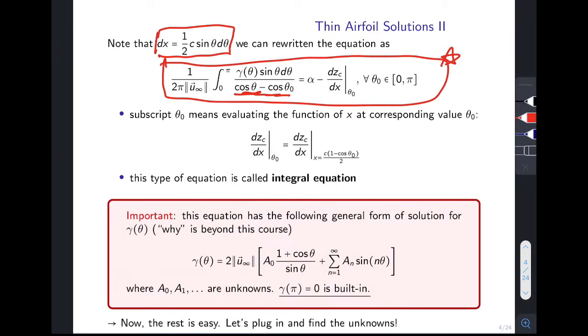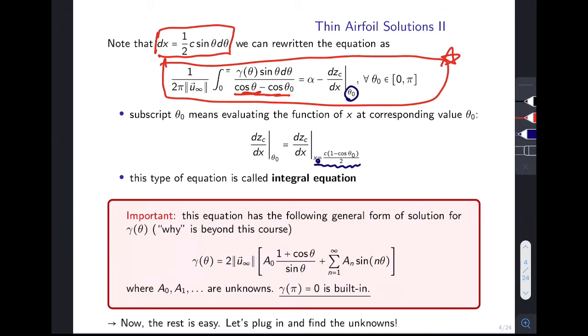Now let's solve this equation right here. First notice that I have a subscript theta naught. Basically what it means is that when I compute the slope, it will be evaluated at x naught, which corresponds to theta naught.